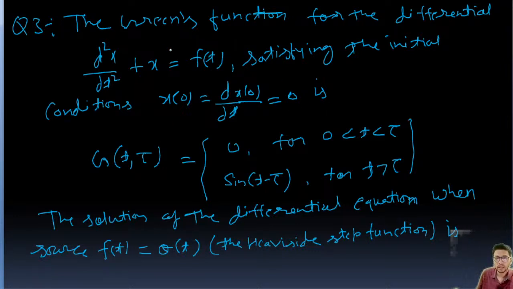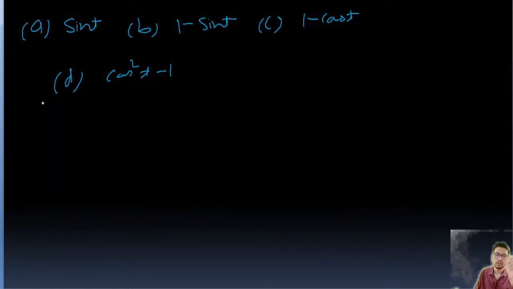Okay, and the Green function for this differential equation is given, that is g(t, tau) equal to 0 for when t is between 0 to tau, and sin(t minus tau) for t greater or equal to tau. Okay, the solution of the differential equation you need to find out when source f(t) equal to theta(t), the Heaviside function. Okay, and options are this. Okay, so I'm going to solve it for you.